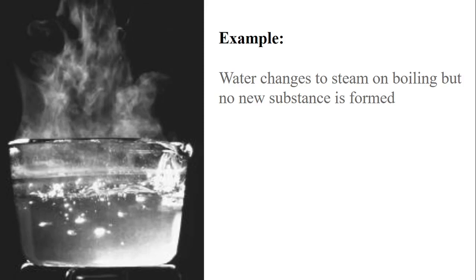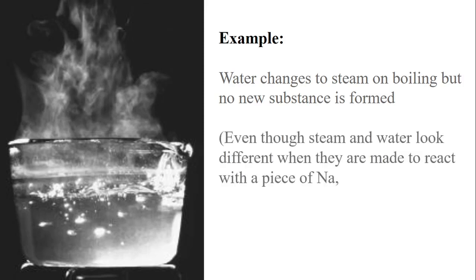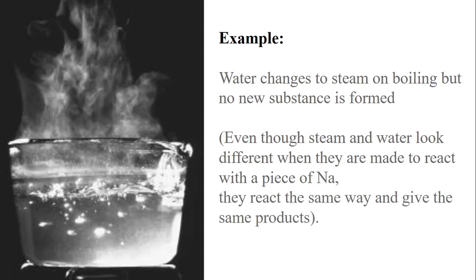Even though steam and water look different, when they are made to react with a piece of Na, sodium, they react the same way and give the same products. If we react the steam and the boiling water with sodium, then we get the same products.